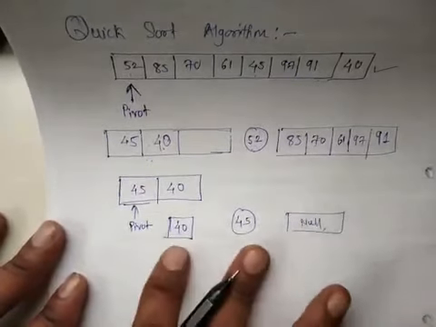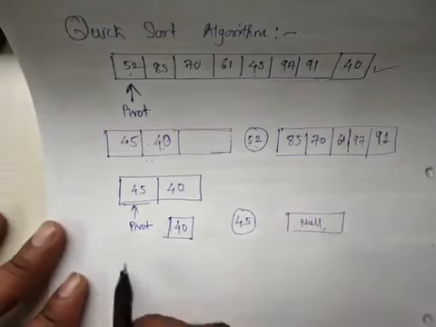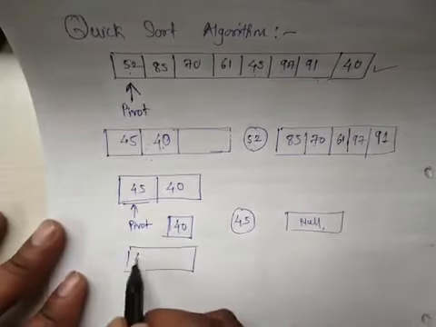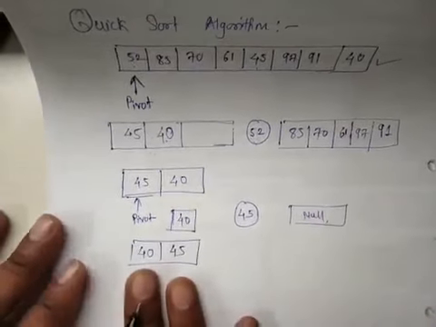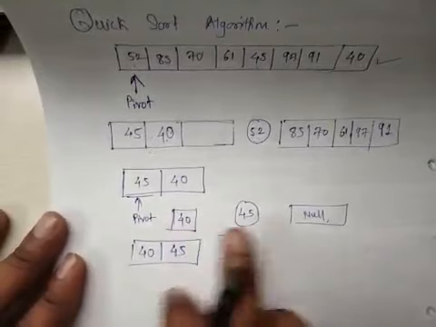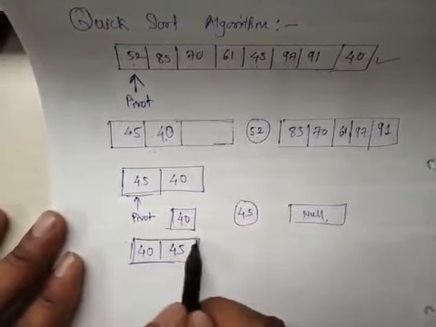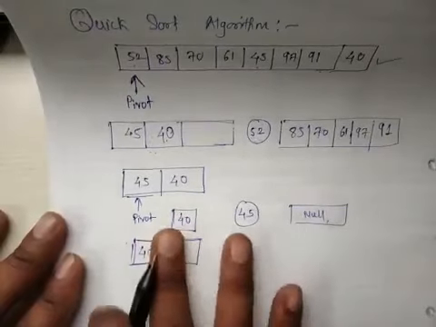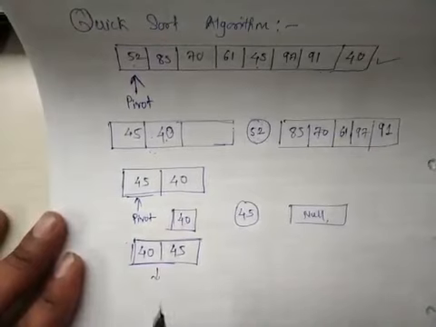Now these two partitions are concatenated, or conquered. So what we get is 40 and 45. Now this is a single array, so we cannot divide it further. We have only two, so we are going to conquer it, sort it by default. Now there is no chance to go further.